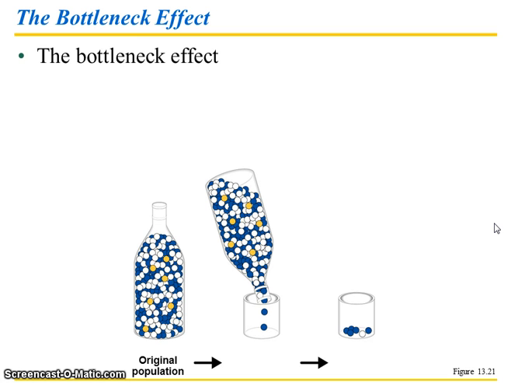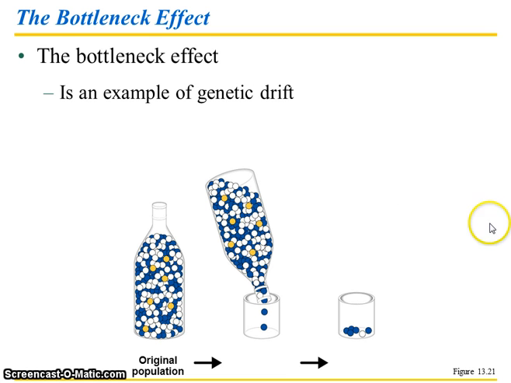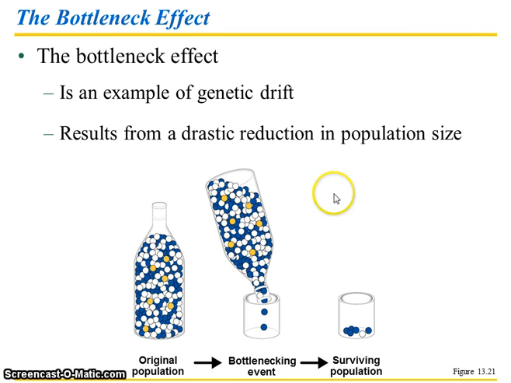Another example of this is called the bottleneck effect. This happened with cheetahs, where you've got all these individuals in the general population, and then for some reason you've got this huge reduction in population size. Cheetahs had a disease that wiped out almost all of the variation there. They're almost identical genetically.